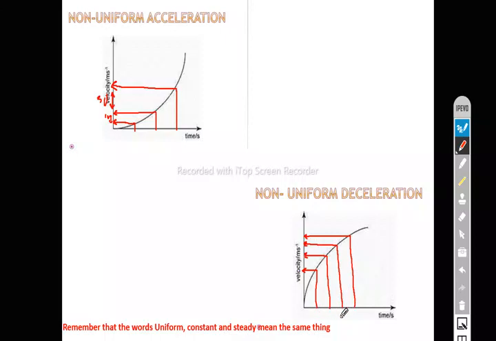As the time increases, he starts to have less and less difference in velocity at each successive time interval. Am I clear? The difference between here is much greater than between here and here. Not distances, but the values between here and here are much greater than between that and that, that and that, and that and that. Are we clear? So he is slowing down, plus it's negative, plus its slope is negative. Are we clear? Are we good?